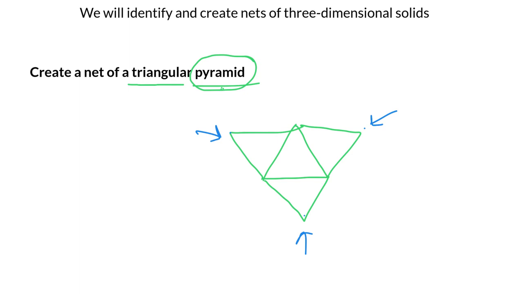So again, think about what you know about triangles to kind of help you check your work. That should help you decide how many faces should be in your net and should make sure that you're on the right track. So I know that my base is going to be one face, and then for each side of my triangular base is going to come a triangle. So I have 1, 2, 3, 4 faces. Check.